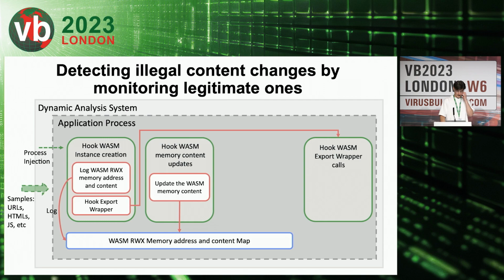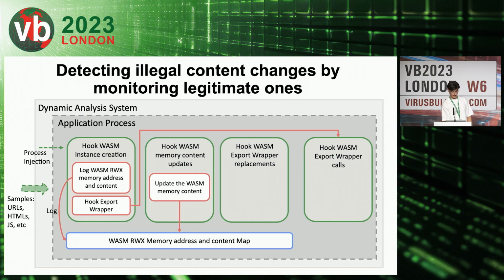So when we hook that, we update our map, and the last hook will be on the export wrapper replacement. Like I showed during the V8 internals, the export wrapper can be optimized, and so will be replaced. So we want to know when it's replaced, so we can hook the new wrapper attached to it, so we can in the end hook the export function call.